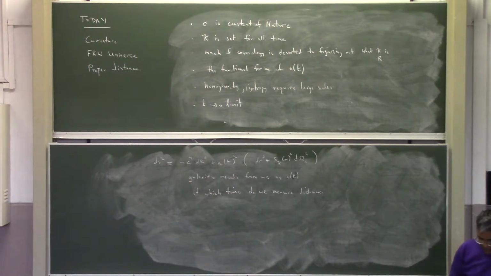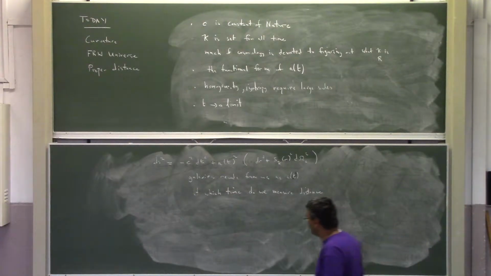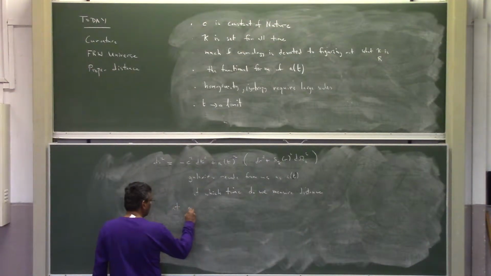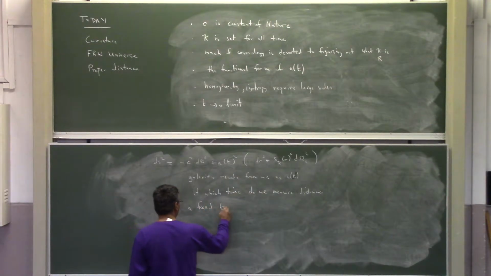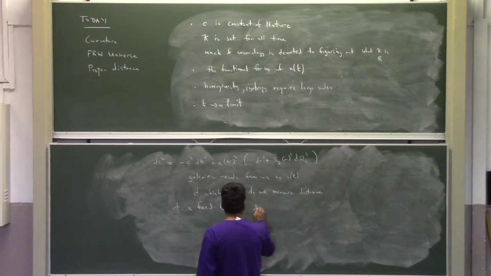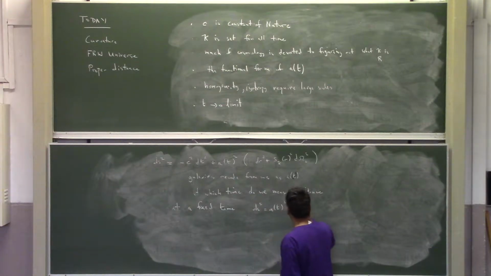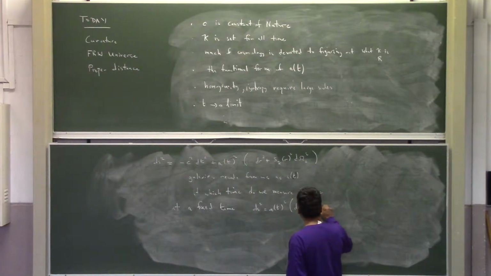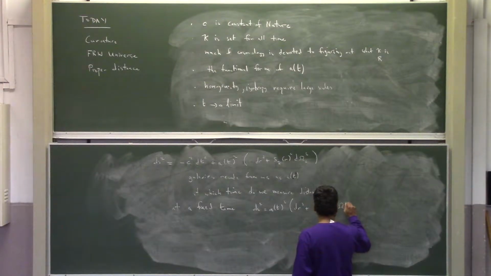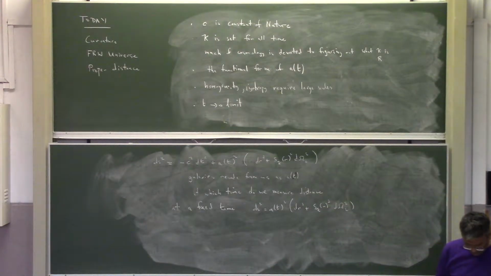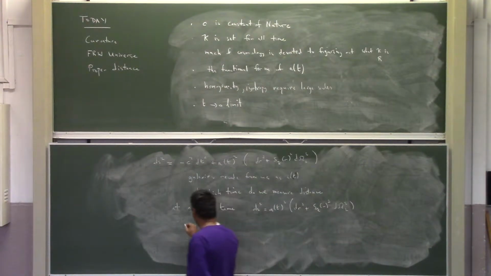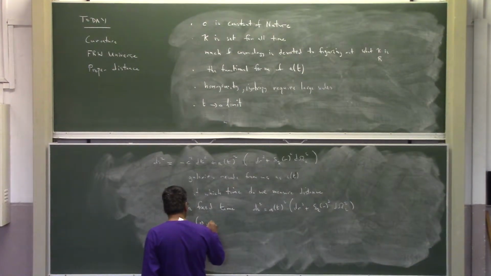Okay, so we need to figure out how to do this. So at a fixed time, if we know what time to use, then the metric will be A of t squared times dr squared plus S kappa of r squared d omega squared. Okay? So, what we're going to do is fix an angle, theta and phi.